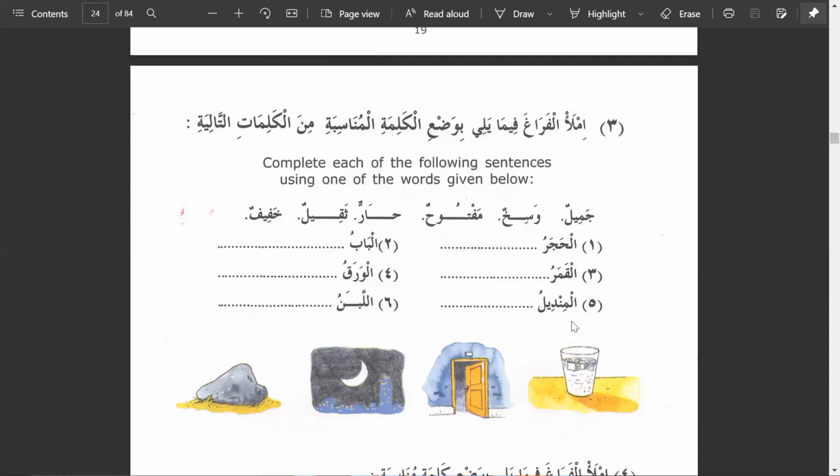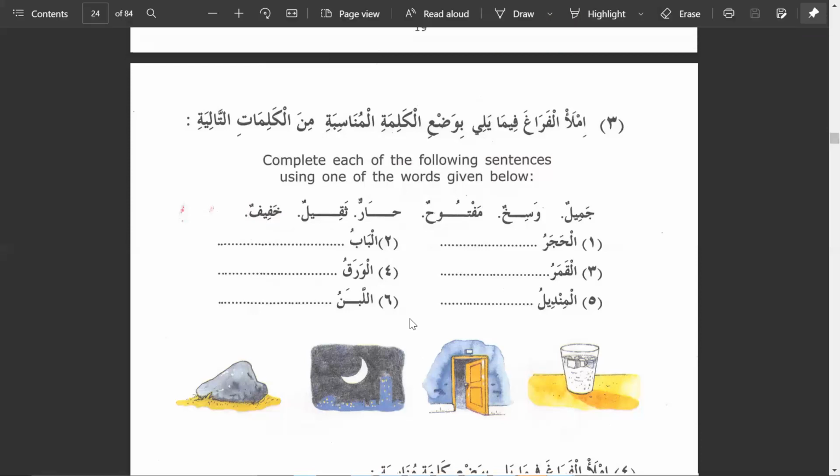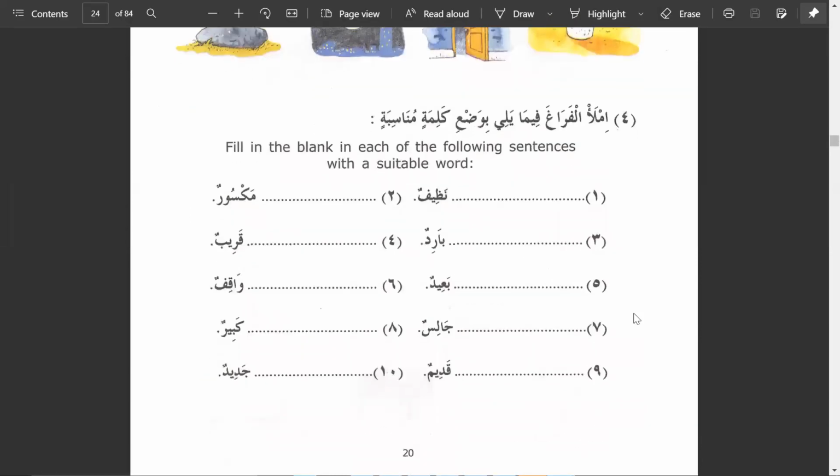Good. Al-mindilu is napkin. The napkin is dirty, wasikhun. And al-labanu harun. Milk is hot.